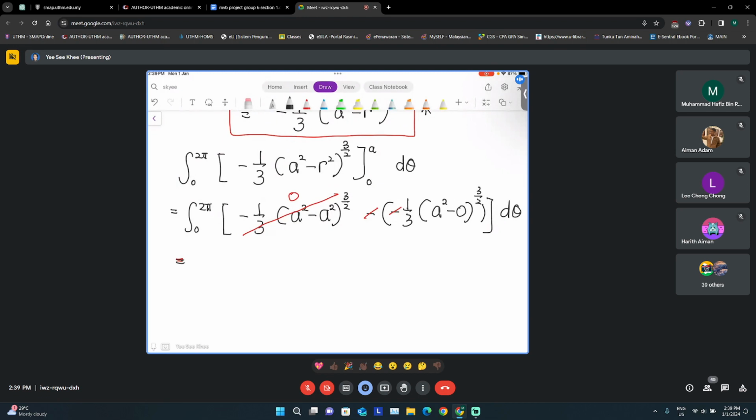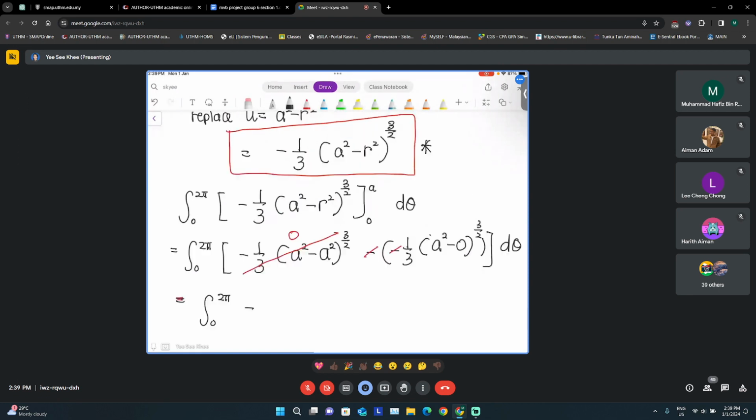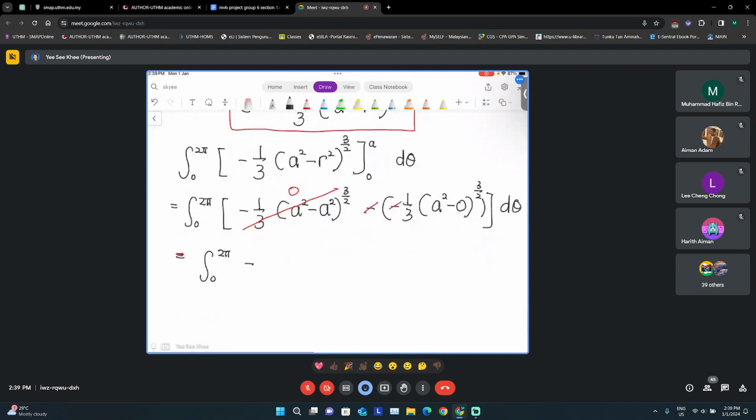So it would be negative 1 over 3. No more negative, sorry. So you have a, and this one can cancel out, a power 3. Theta.